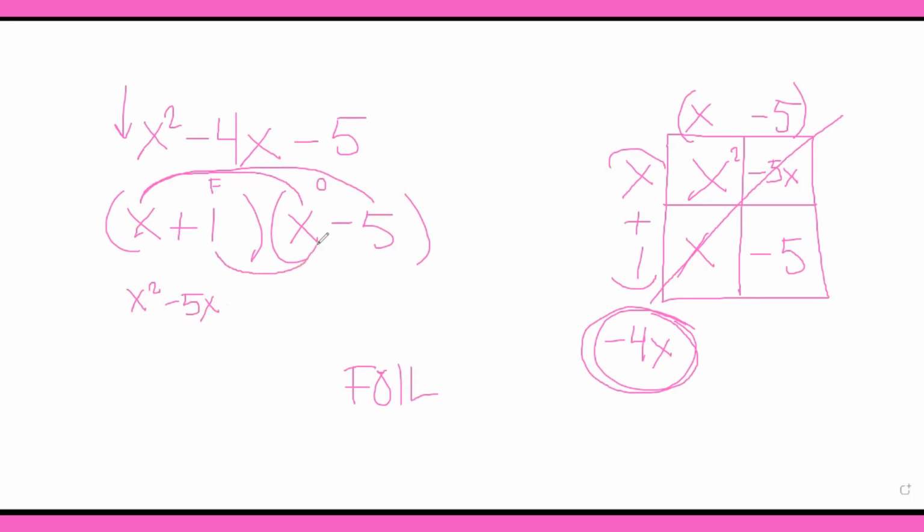Then my inner terms, that stands for I, gets me a positive 1x. And then my last term stands for L. That would be a negative 5. So then here I can combine like terms. This would be x squared minus 4x minus 5. So that was just a quick way to check that I did indeed get this.